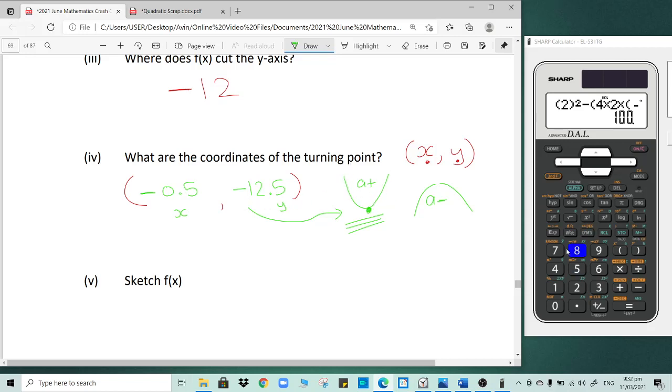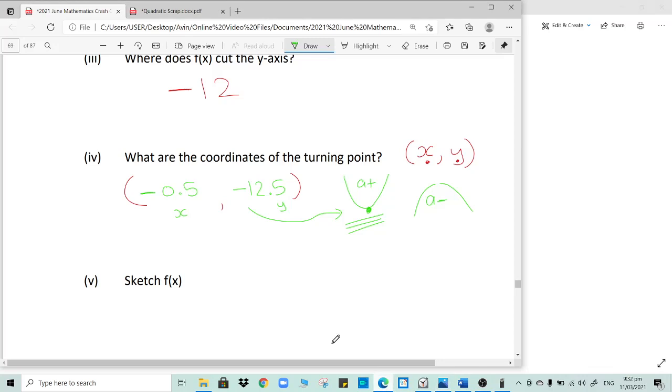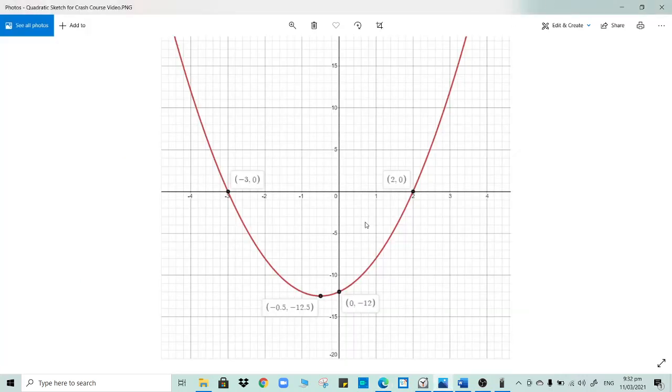I already sketched the graph using an online program, so this is what we will get. Because in the last part of the question, and just in case you didn't see, they're asking us to sketch the quadratic. And look at it. It cuts the x-axis at 2 and minus 3. Look at it, it cuts the y-axis at minus 12. If here's minus 10, then here's minus 11, and here's minus 12.